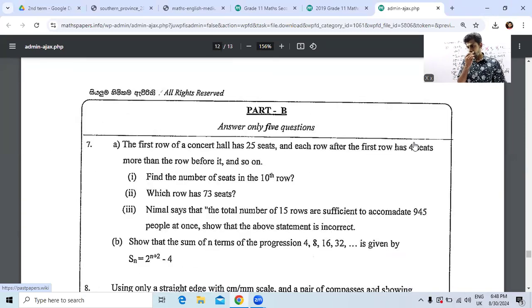The first row of a concert hall has 25 seats. Just try to do this one quickly. Royal College 2019.